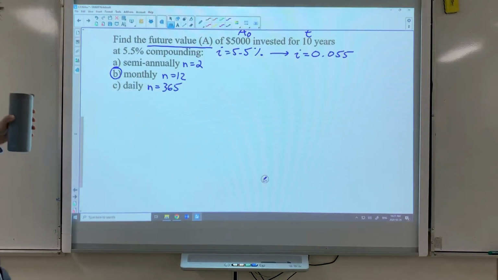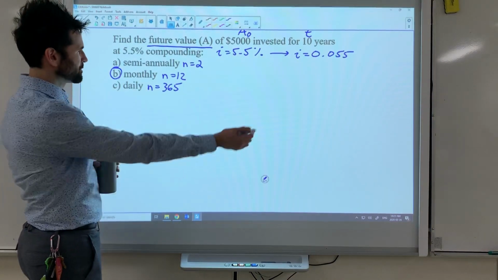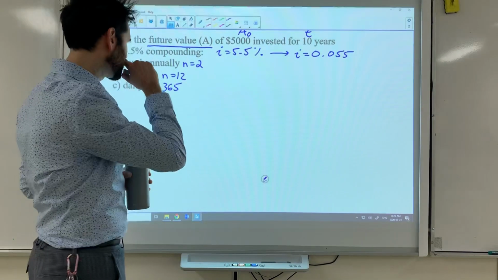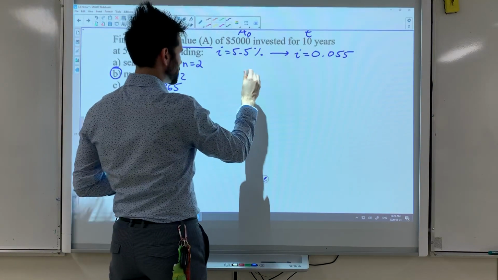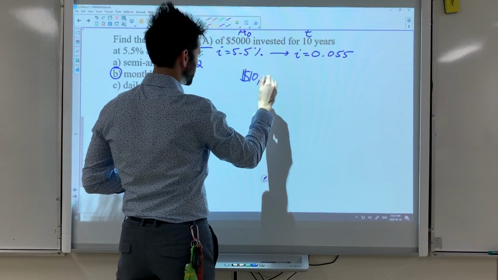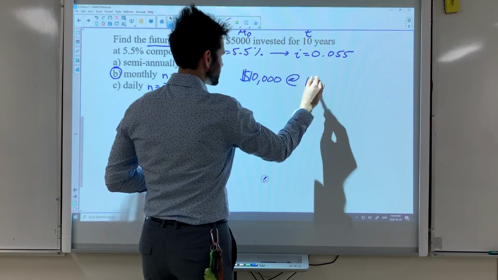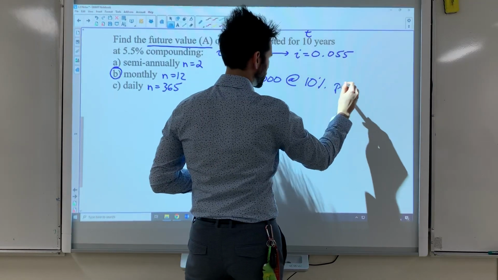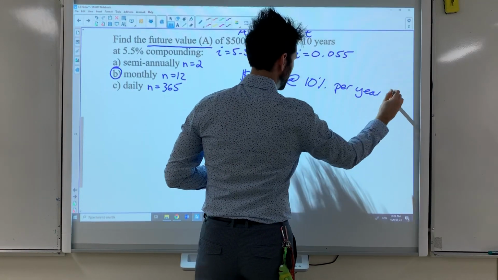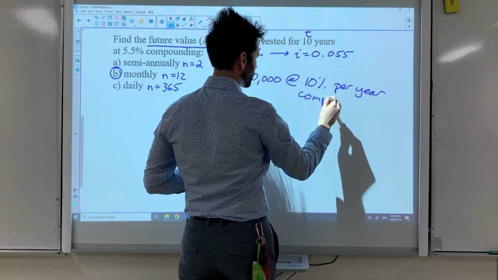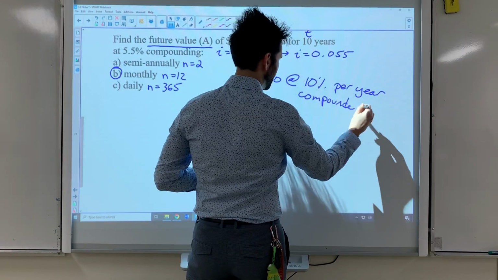So what the heck is n? It has to do with how they calculate your interest. So let's just say you borrow $10,000 from the bank at 10% per year, and it's compounded daily.